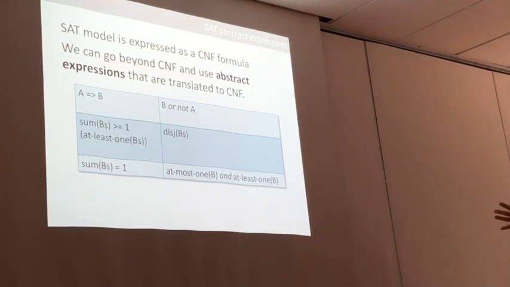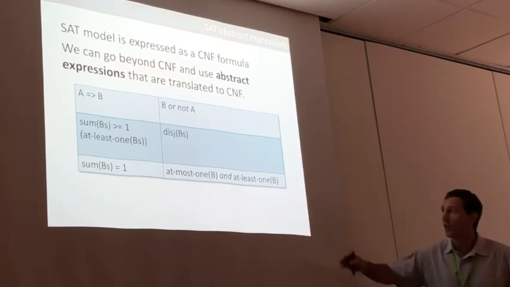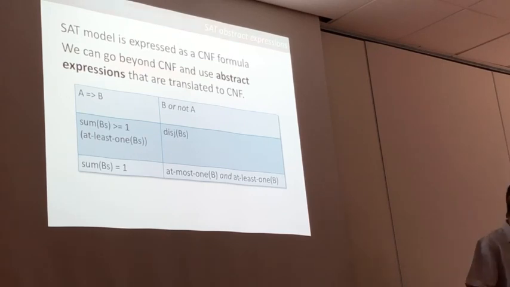So, for example, the sum of variables equals 1 is decomposed to at most 1 and at least 1. For at least 1, it's very easy. That's the huge disjunction. For at most 1 of them to be true, that's more tricky. There are different translations.